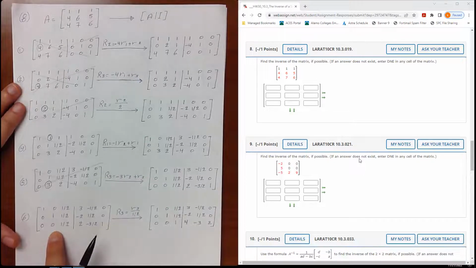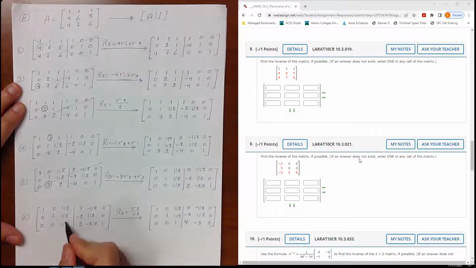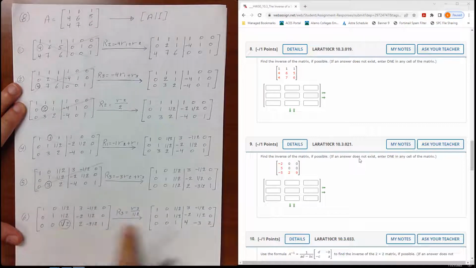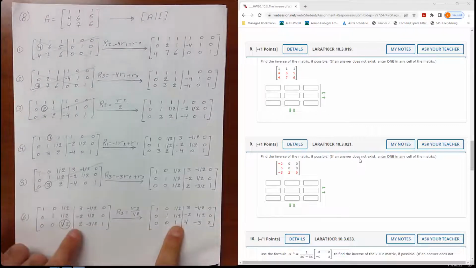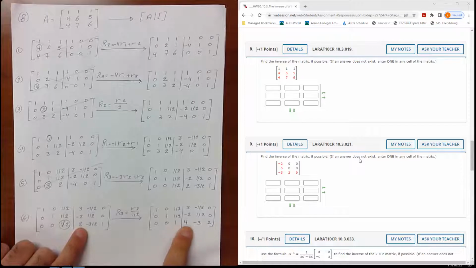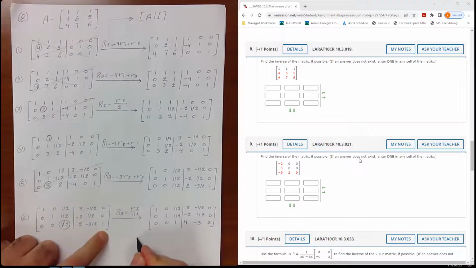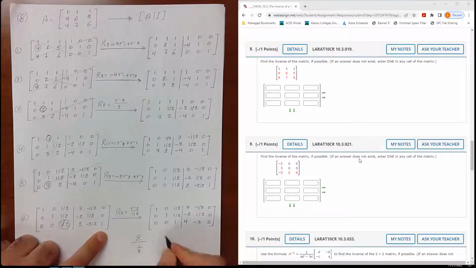Now, next step is to convert the number in this location to 1. So I'm going to divide by half. Half divided by half is going to be 1. 2 divided by half is going to be 4. Be careful here. 2 divided by 1 over 2, which means 2 over 1 divided by 1 over 2.